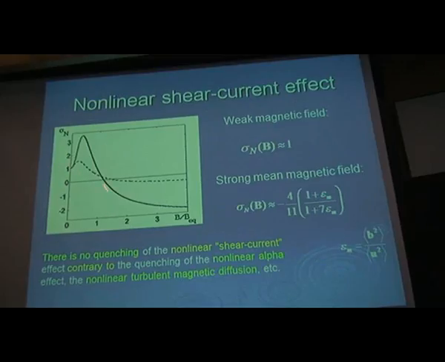There is no quenching of this nonlinear shear current effect. There is only a change of the sign of this effect when the field is of the order of the equipartition field. So if we forget about the evolution of magnetic helicity, maybe this regime determines the saturation of the growth of the magnetic field.